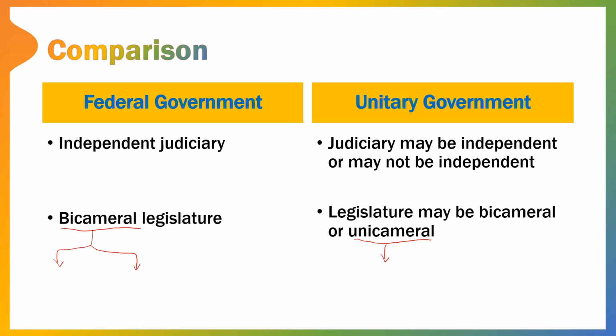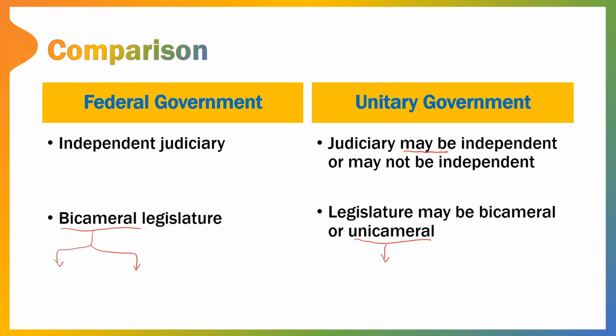When it comes to a unitary government, everything depends on the national government, or the highest power of that particular government. So there are chances that federal features may be there in a unitary government, but it is not necessary. Everywhere there is a maybe. There are options available in a unitary government.